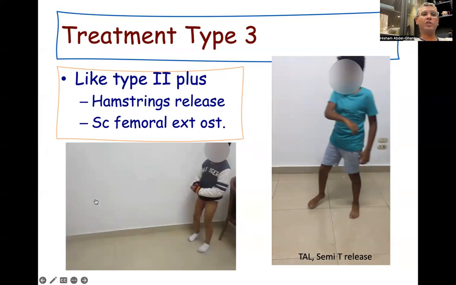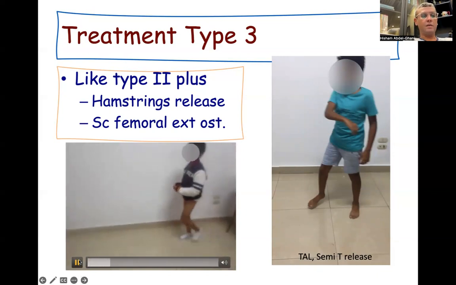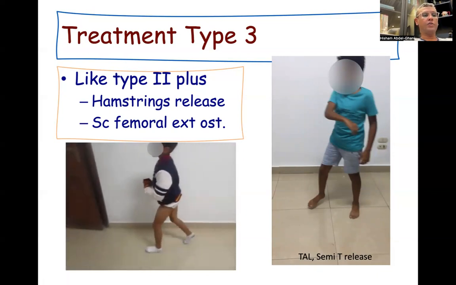But if we can achieve full knee extension with the hip extended and there is shortening of the plantar flexor, then we have a high popliteal angle. In this case, we have to do hamstring release. If there is fixed flexion deformity, then we have to do supracondylar femoral extension osteotomy. This is detailed in the lecture for the diplegic patient.